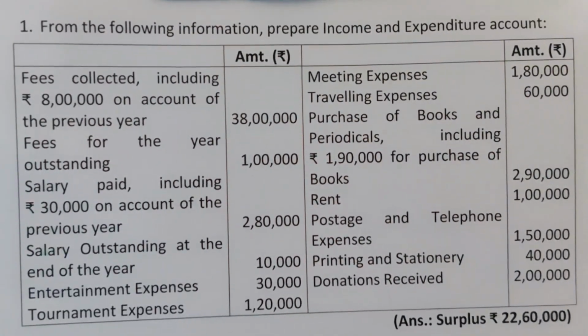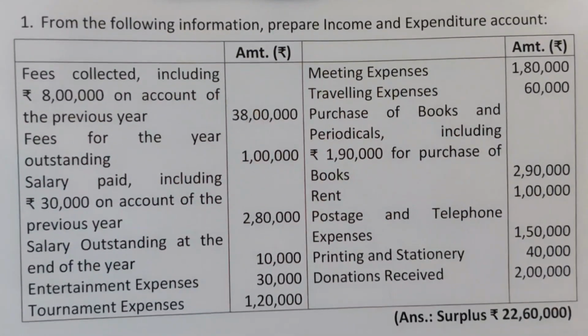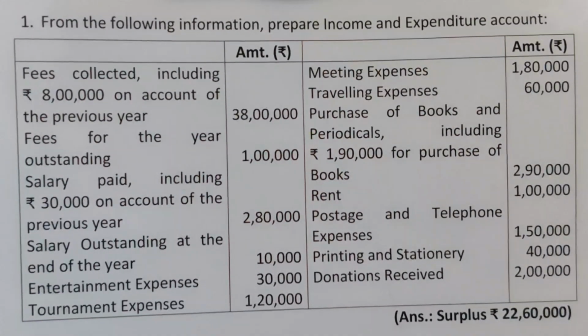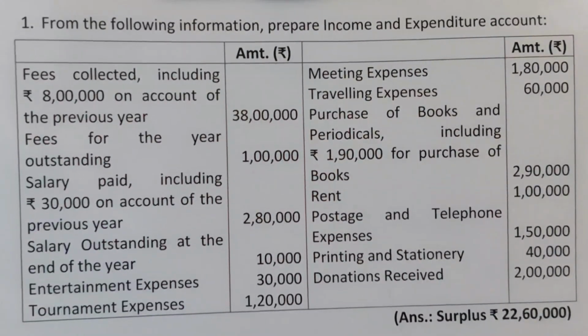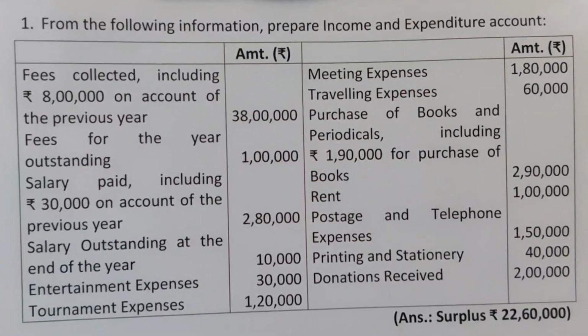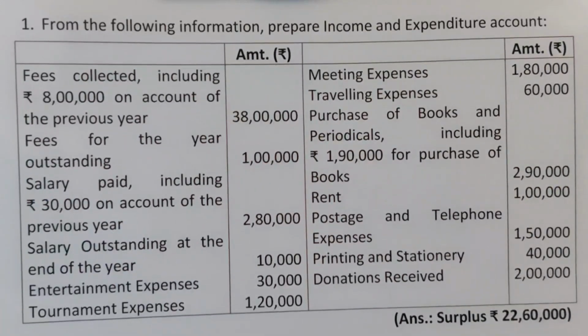Entertainment expenses 30,000 rupees. Tournament expenses 1,20,000 rupees. Meeting expenses 1,80,000 rupees. Travelling expenses 60,000 rupees. Purchase of books and periodicals including 1,90,000 rupees for purchase of books. Total 2,90,000 rupees.